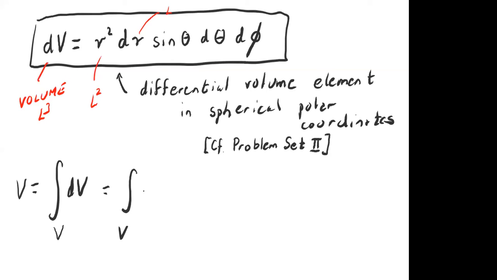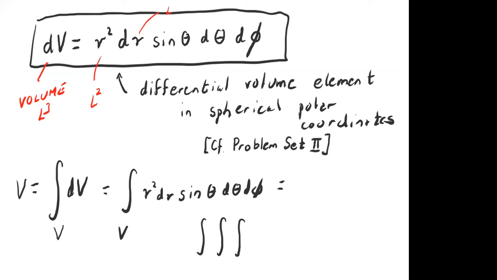So you have to do this integral, which again is a three-dimensional integral. That's what the V stands for. So in fact, you can break this integral up into three separate integrals. All these variables are independent of each other. So the problem of doing a three-dimensional integral simply reduces to the problem of doing three one-dimensional integrals.